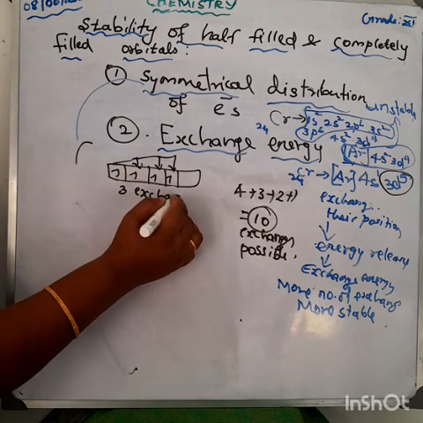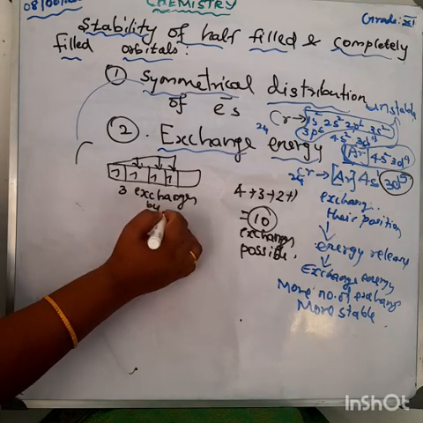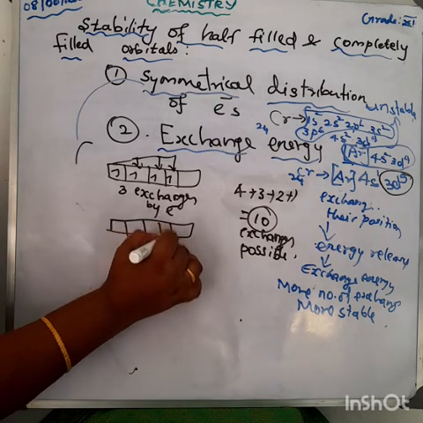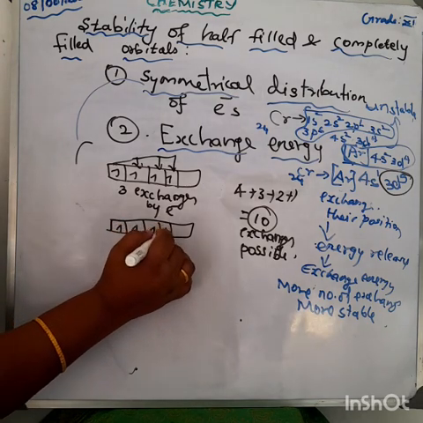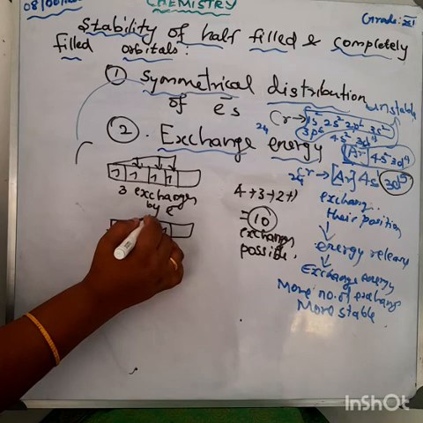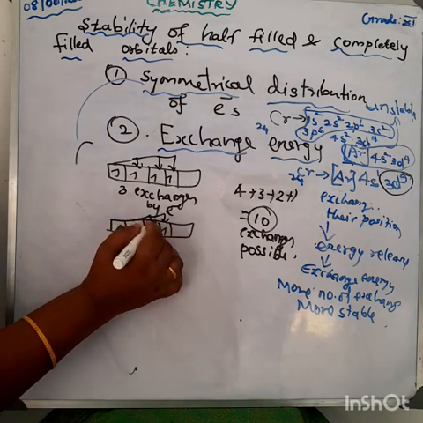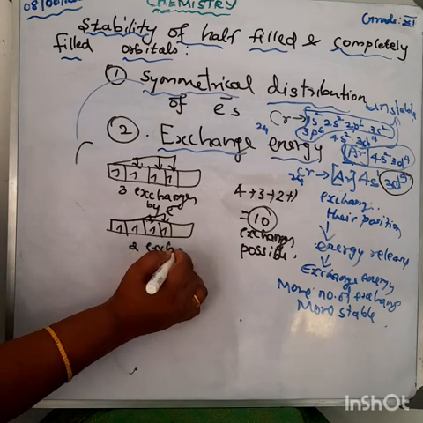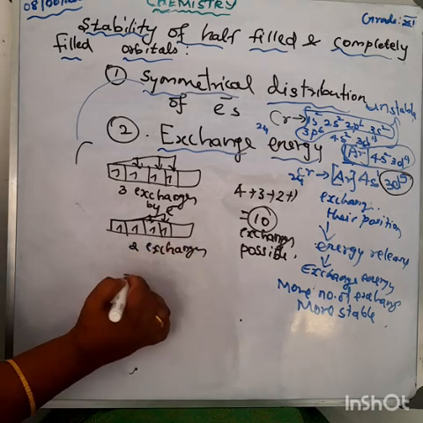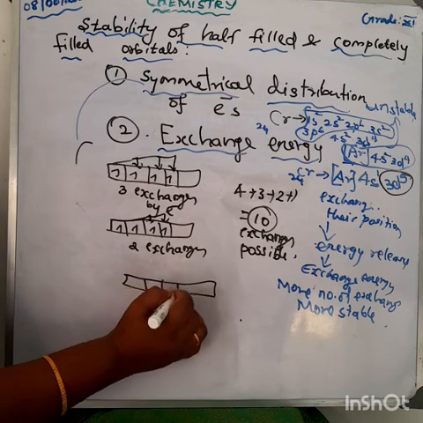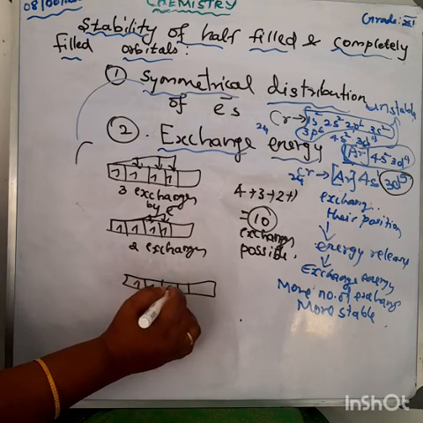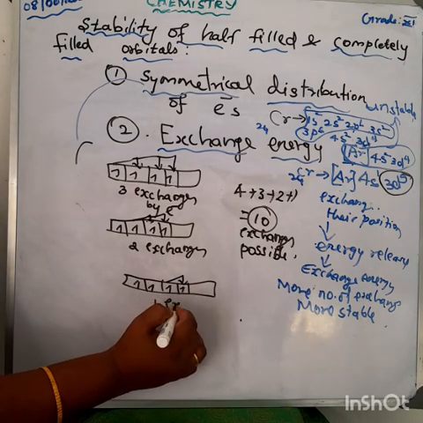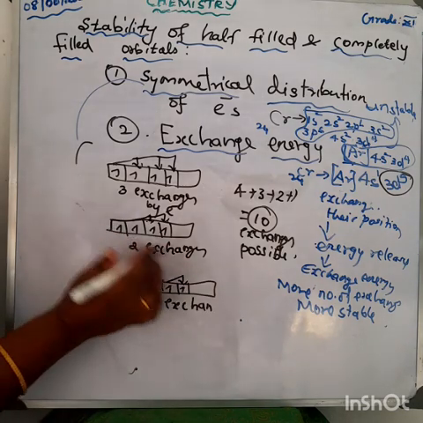Suppose I consider the next electron. Here how many exchanges are possible? Only 2 exchanges are possible. And if I take the next electron, only 1 exchange is possible. So here 3 exchanges, here 2 exchanges, here 1 exchange.